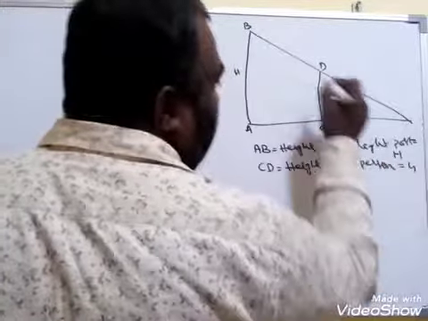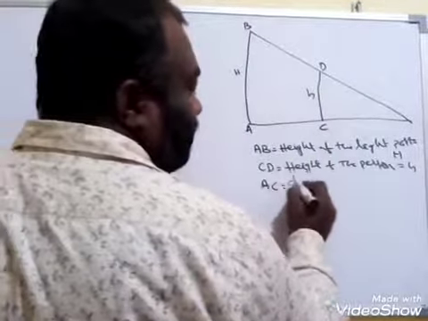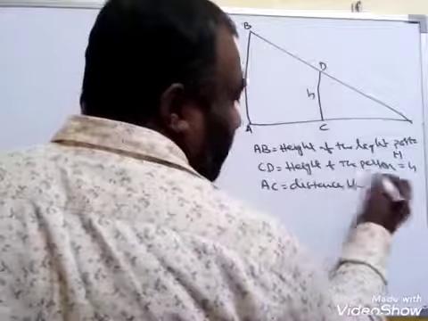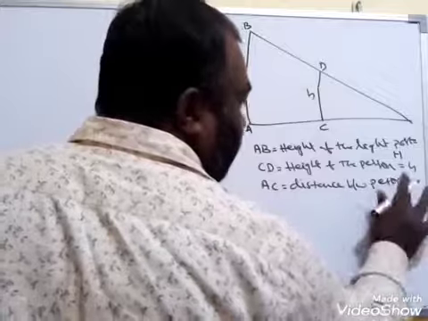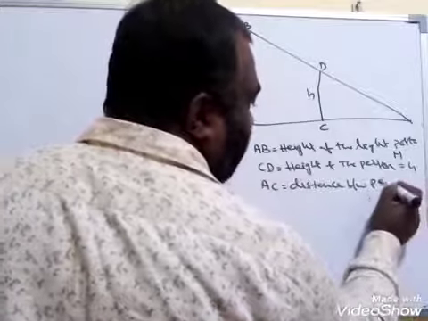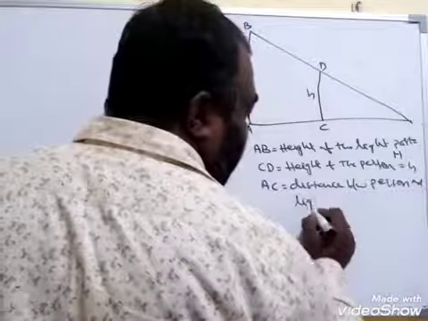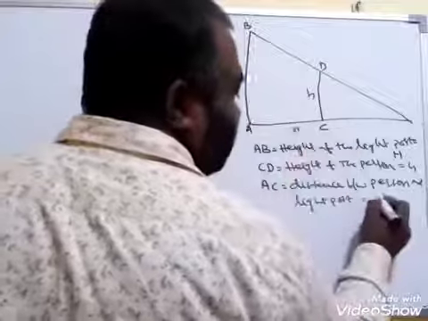I am taking this as small h. Now AC is nothing but the distance between the person and the light post, that I am taking as X.